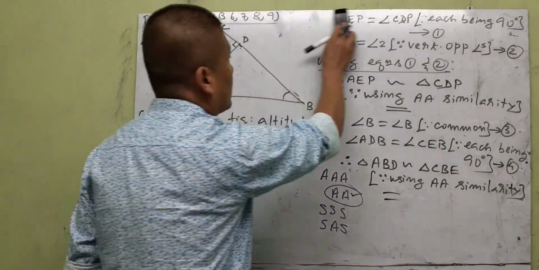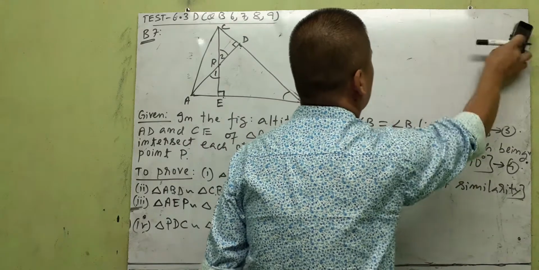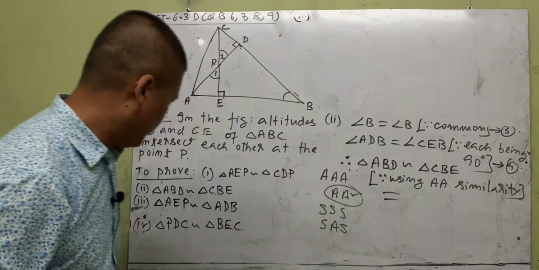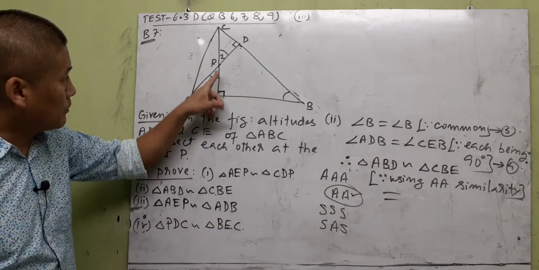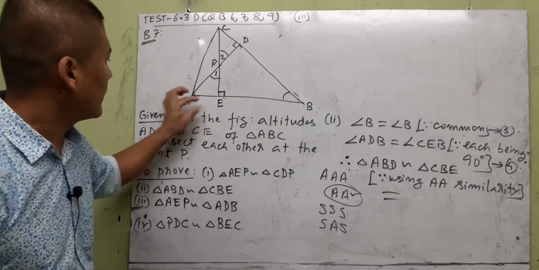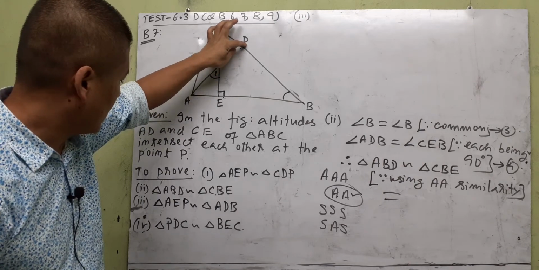Let's go to the third one. We have to prove AEP similar to ADB. Let's trace once: AEP, this small triangle, and ADB, this triangle.